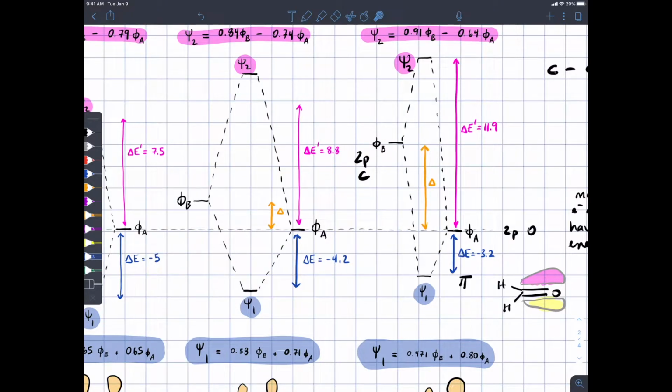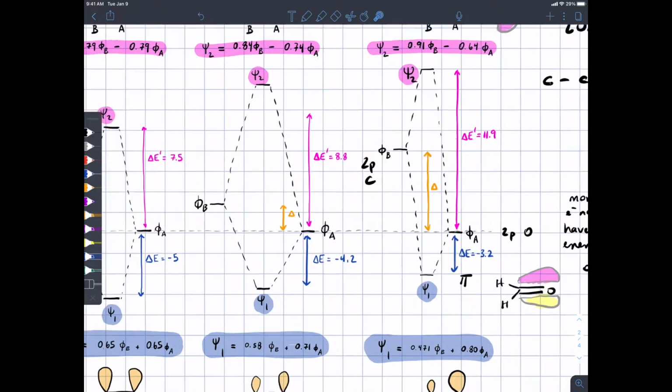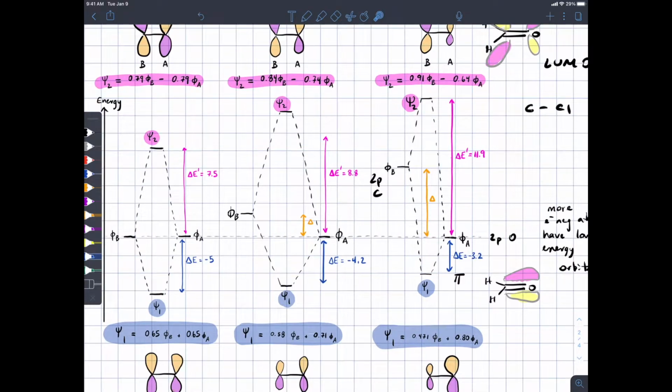So you may have heard this concept in terms of orbital overlap, and that's not technically what that term means. But when you combine two orbitals together, if one is lower in energy than the other, it's not going to be as stabilizing as if the two orbitals were mixing together with the same energy.